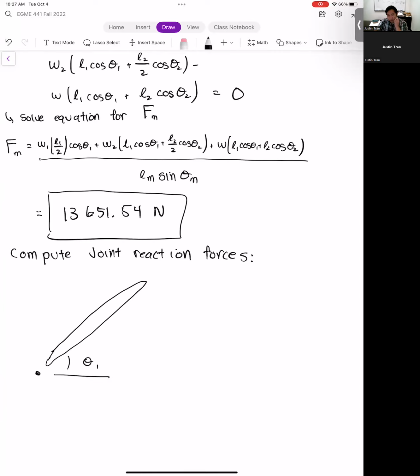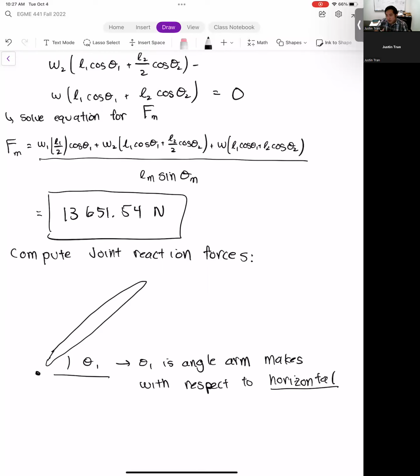Okay, so we know the upper arm is angled with respect to theta 1. Okay, so that's with respect to the horizontal.